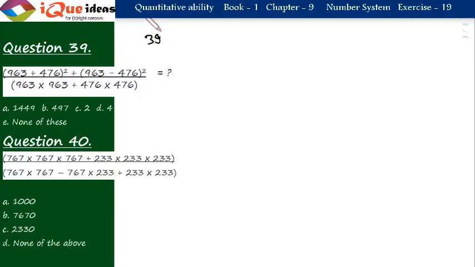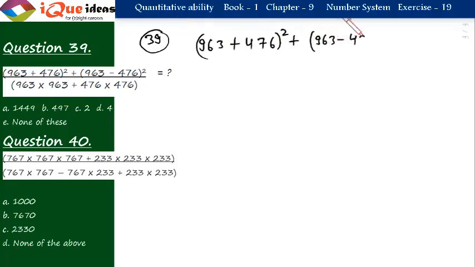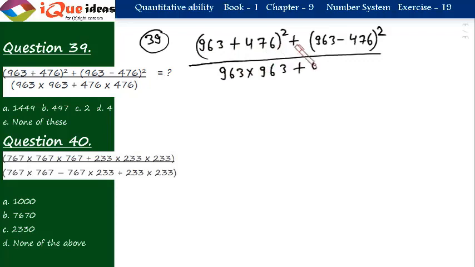Now similarly, for question number 39, you have the expression as 963 plus 476 whole square plus 963 minus 476 whole square divided by 963 into 963 plus 476 into 476.